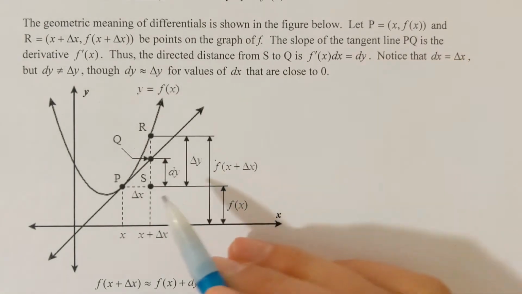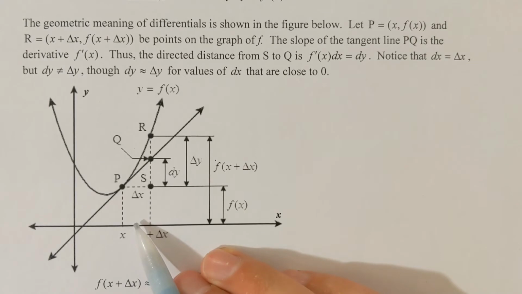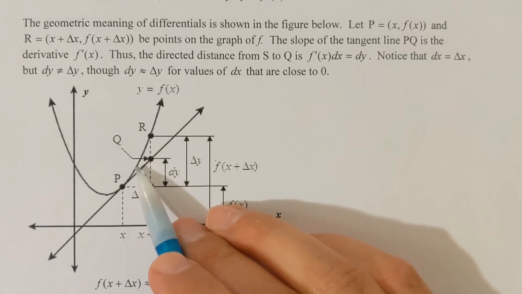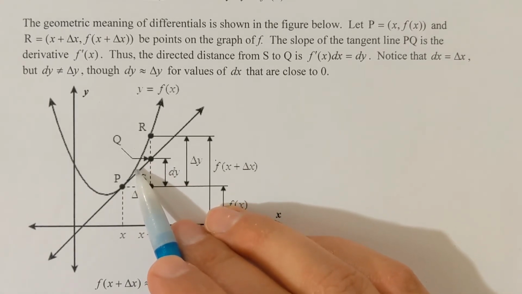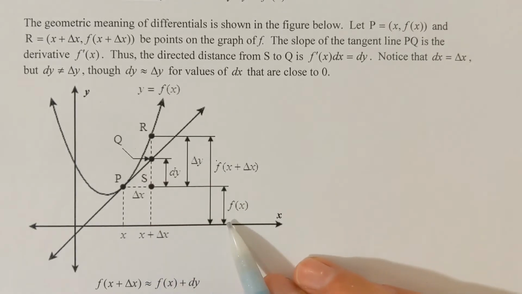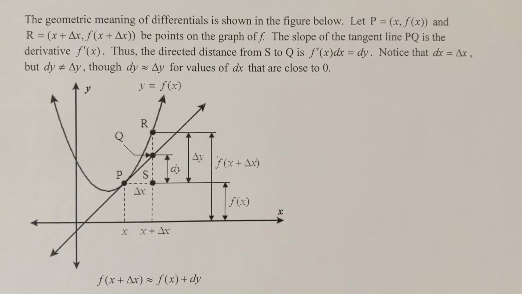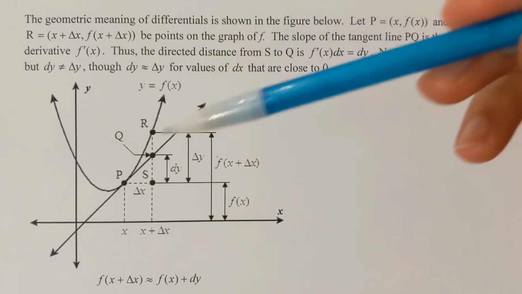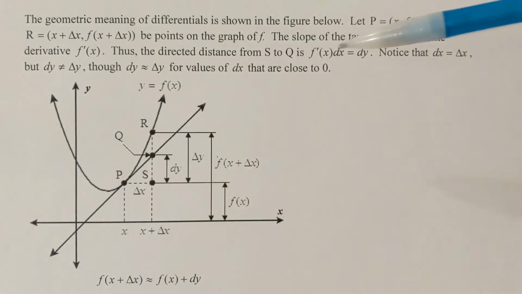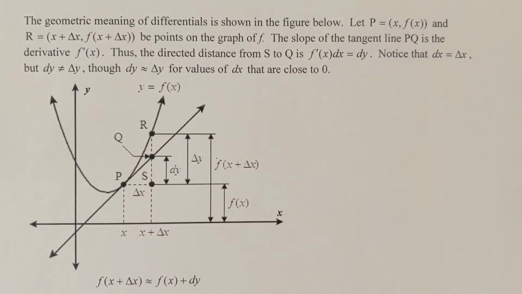If I go some small increment away from x, the gap here is not going to be much. Of course, for a large increment away, you have a big gap. So for what we're doing here, to be reasonable, you would assume that dx is some small increment away from x.